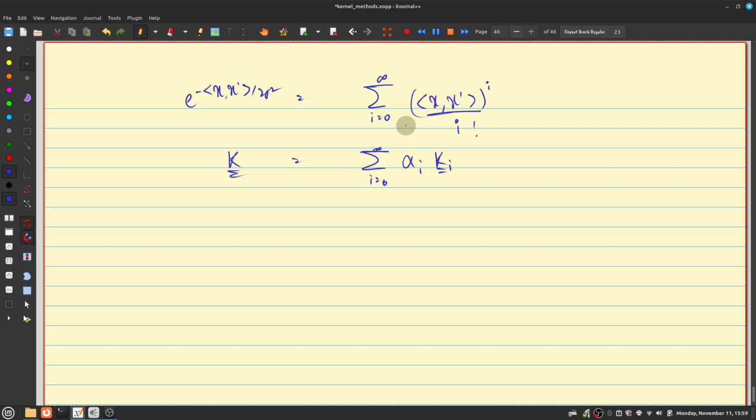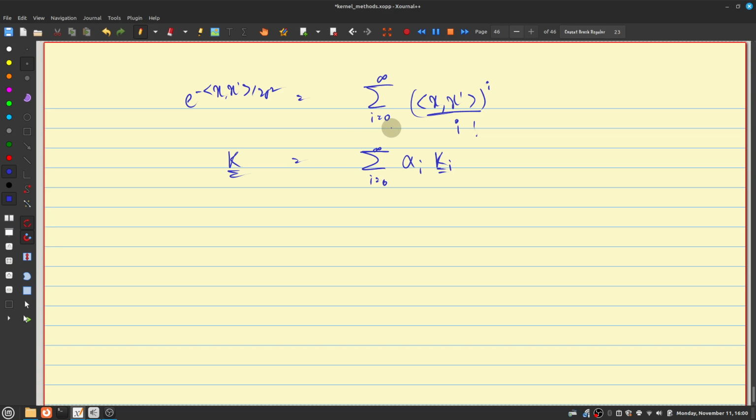The point is that this is also a valid PSD matrix, and that follows because the set of all PSD matrices is closed. So as long as the right hand side converges, it will converge to a valid PSD matrix. Again, a technicality, but any convergent series of PSD matrices is also a valid PSD matrix, and therefore any convergent series of PDS kernels is also a valid PDS kernel.